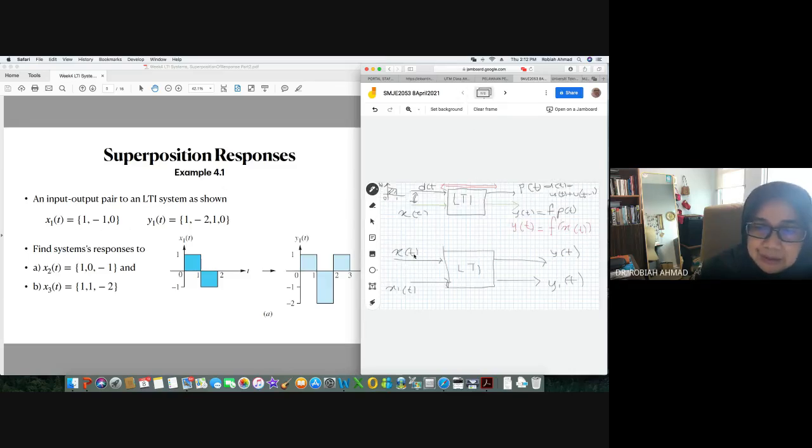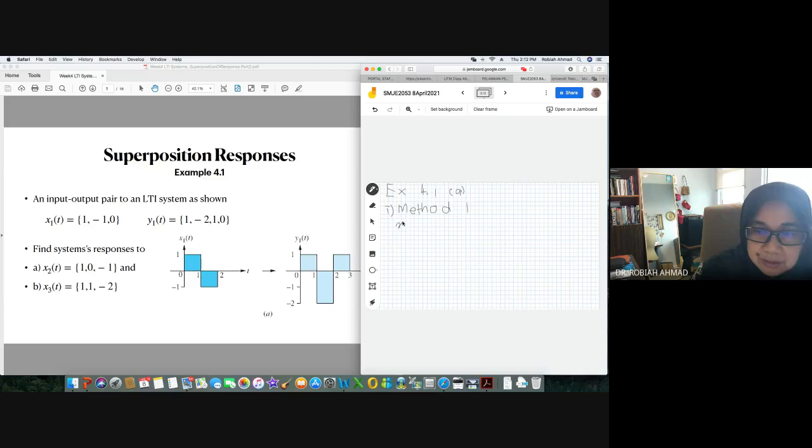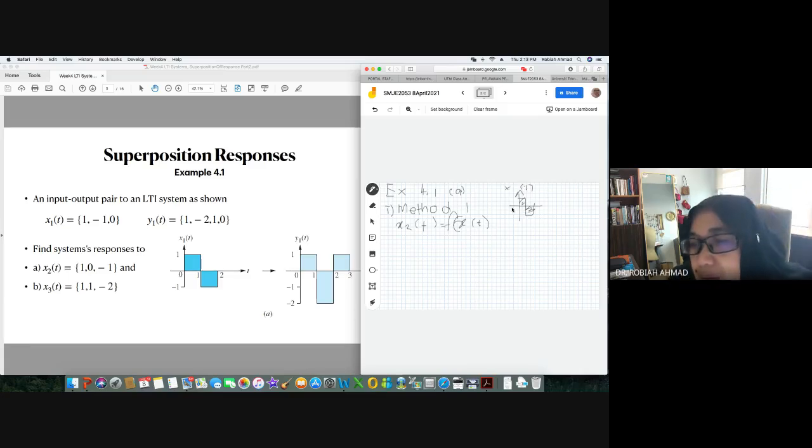So method 1: if we look here, we have x1(t). For method 1, we define x2(t) as a function of x1(t). If we look at our x1(t), it is this one, so this is x1(t): 0, and 2.